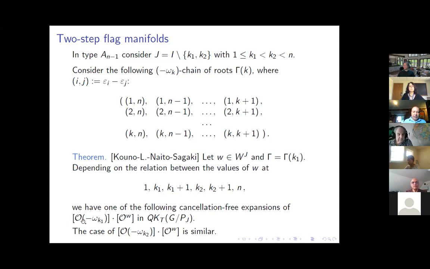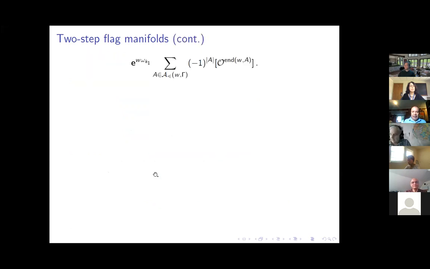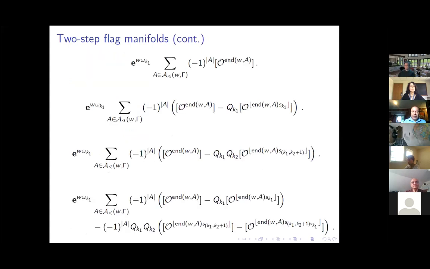For the multiplication of the class for omega k1 times an arbitrary Schubert class, and similarly for omega k2. So here are the four formulas. You have a very short formula like before, and then some longer ones, but all the formulas are just expressed in terms of chains with no downstep. So this A increasing just indicates that there is no downstep.